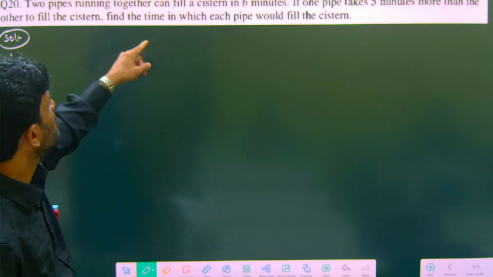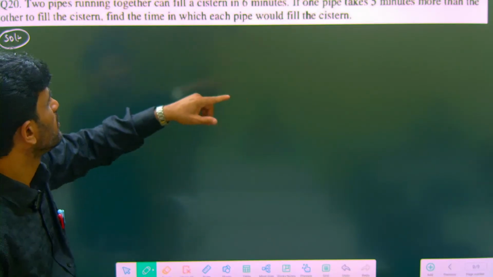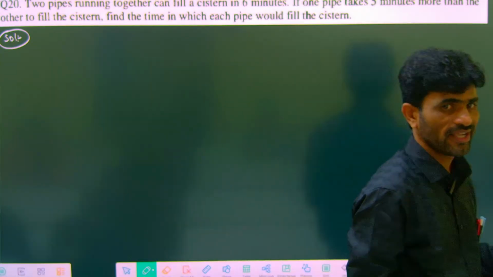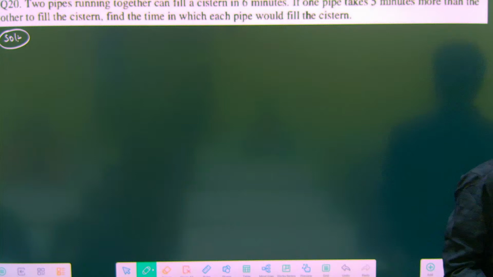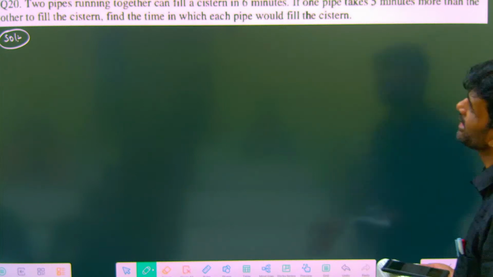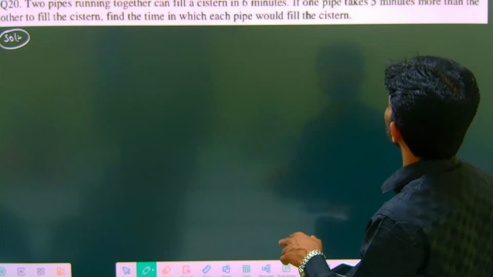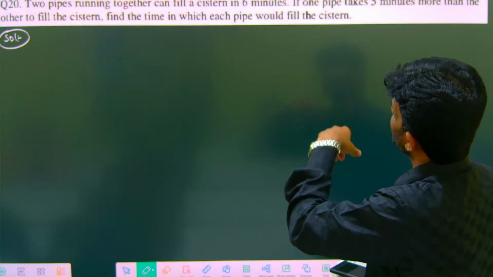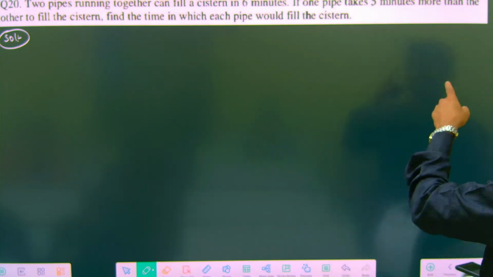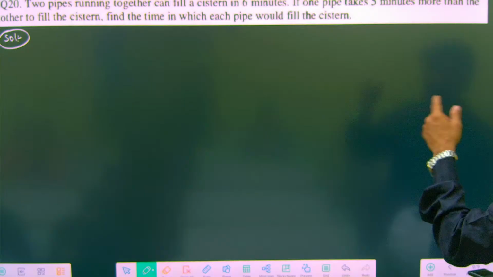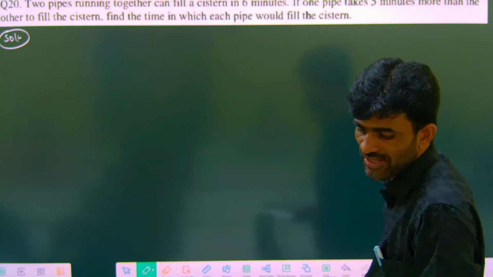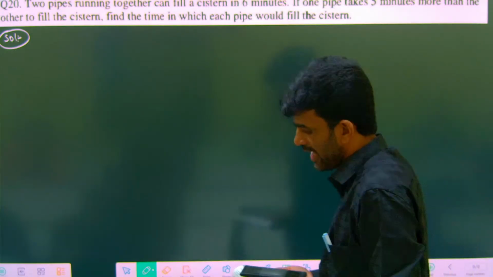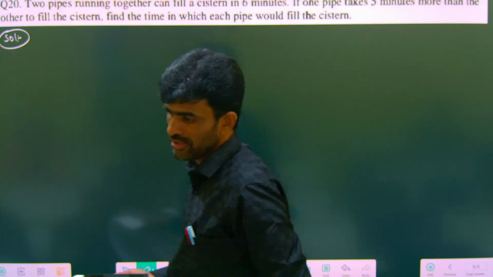find the time in which each pipe can fill the system. Then if you take each one takes x minutes to fill the system, you take the time taken by the first system. It is given two pipes fill the system in 6 minutes. One pipe takes 5 minutes more than the other. Then in 1 minute, how much is it? 1 by x.